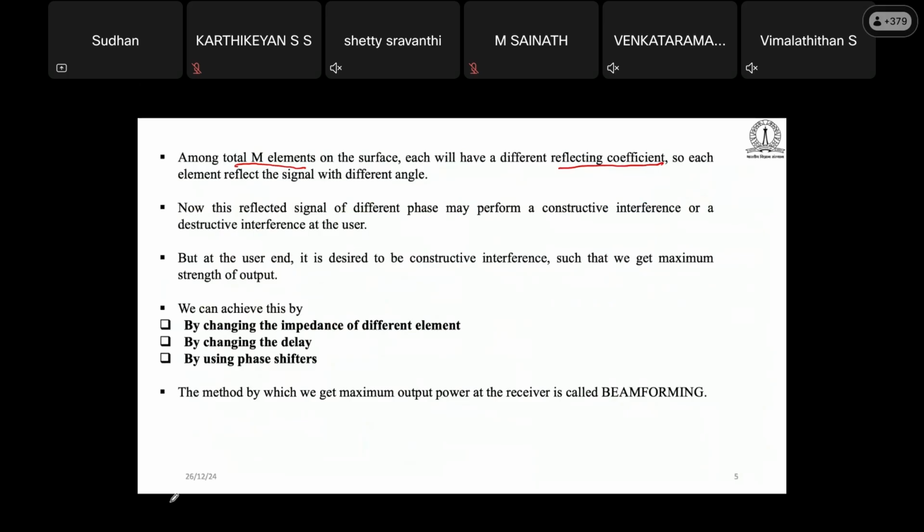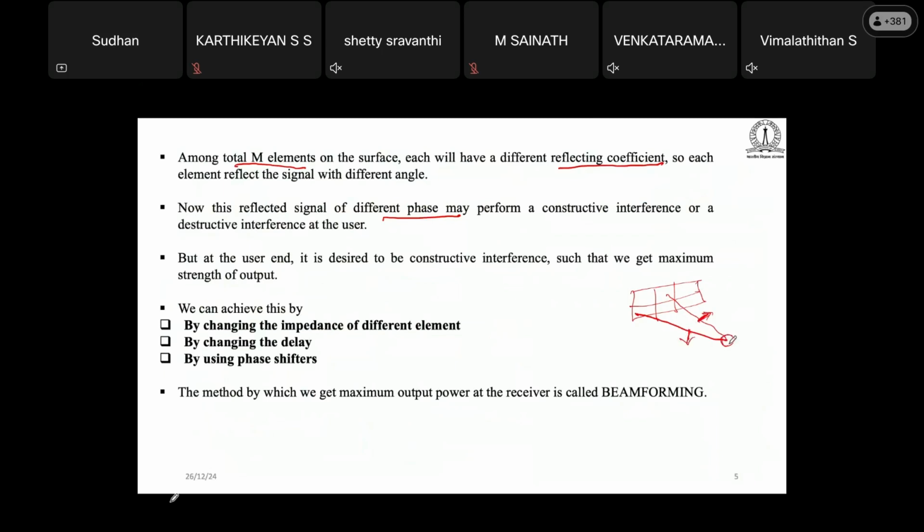Now these reflecting signals of different phase may combine constructively and destructively. For example, let's say there are some elements, and this one will have some phase and this one will have another phase. You can see the phase of this one is different, and the amplitude is different.